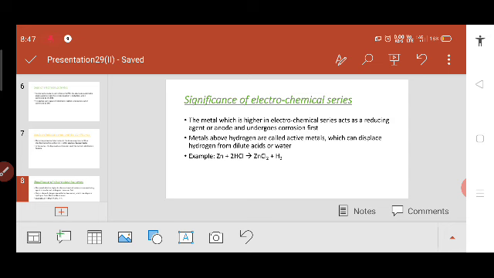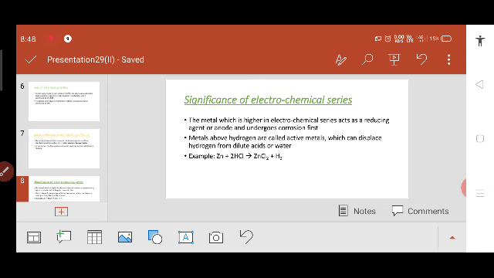The metal which is higher in the electrochemical series acts as a reducing agent or anode and undergoes corrosion first. The metals above hydrogen are called active metals, which can displace hydrogen from dilute acids or water.